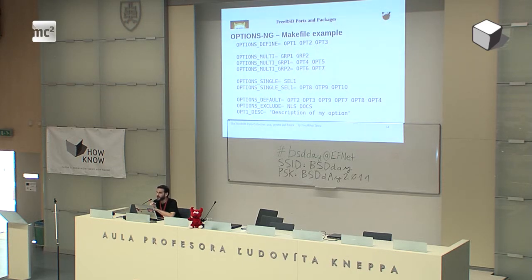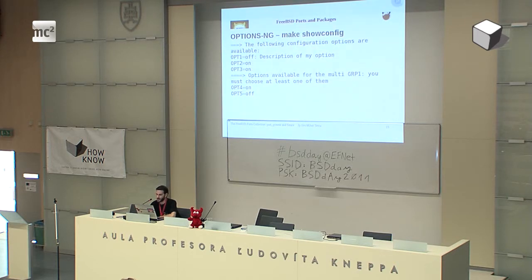Now, if my port can't, or better said, I don't support building the port without documentation, then I'm going to exclude this option from my port. Or I don't have internationalization support in my port, so I'm excluding this in the makefile of the port. This is options exclude. And then, as I told you, you can define the description of each of the options.